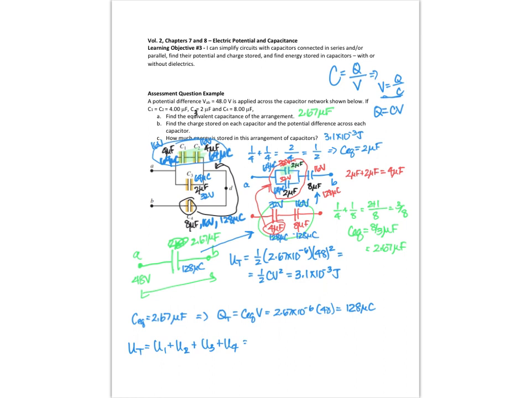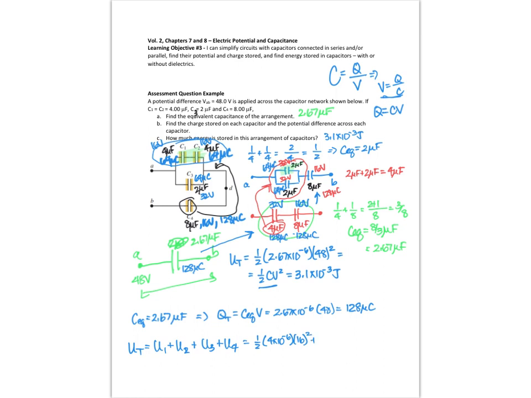So again, I'm going to use the expression 1/2 CV squared, but I'll use it for each of these individual capacitors. So for U1, I have 1/2, 4 microfarads, and a potential difference of 16 volts.